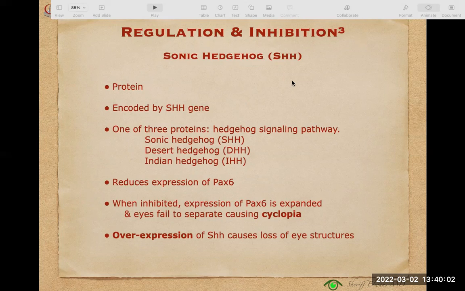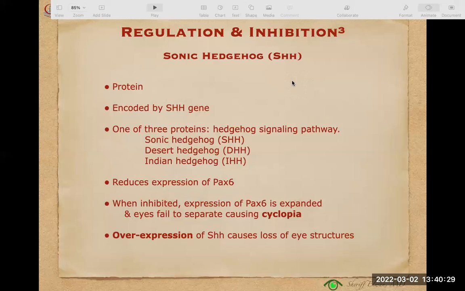And the nomenclature is referring to their discovery in hedgehogs in research. There are three types of this animal: the sonic one, the desert one, and the Indian one, and each has got a protein named after it. And the sonic HH is the most important, most studied among the three of them.